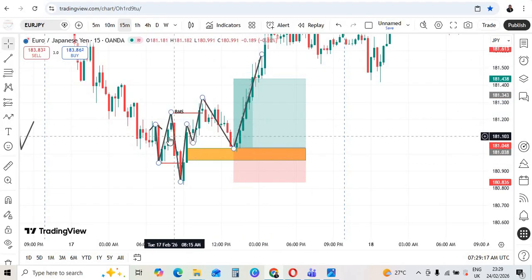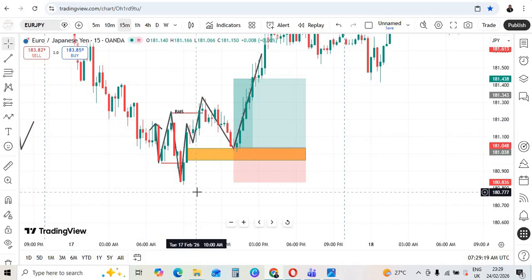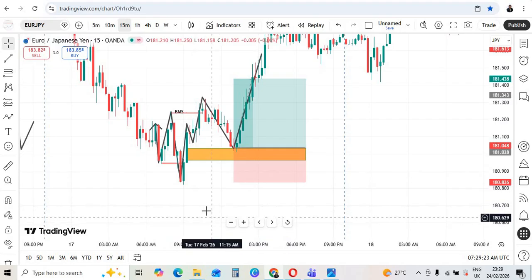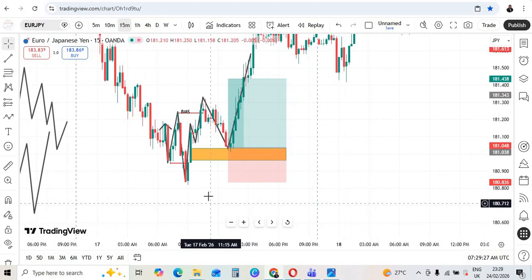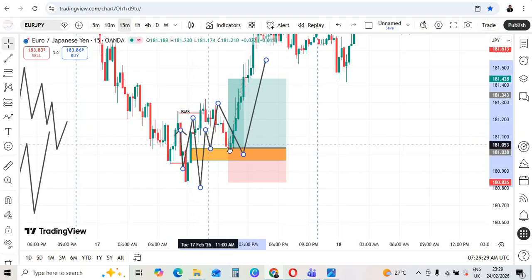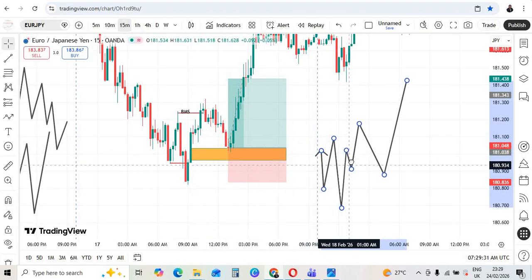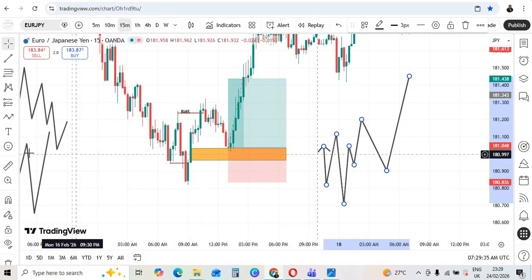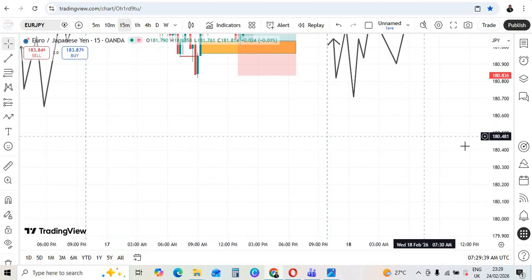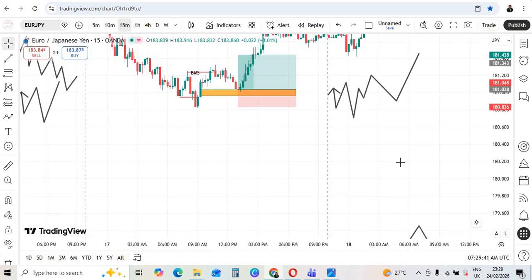If you look at this pattern now, you see that it is the same pattern I gave you at first. If I remove this pattern now, look, I've brought it out. This was also the same pattern I gave you previously.